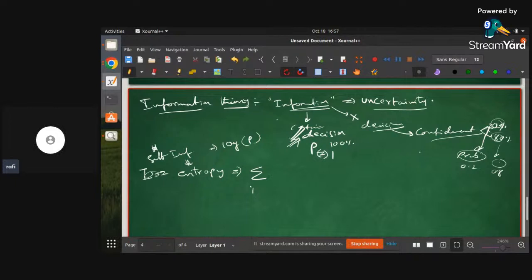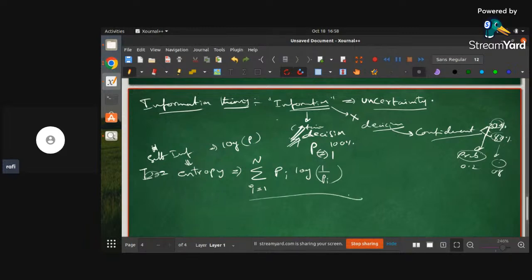If you ask which color dress you are going to wear tomorrow, you have multiple options: red, green, blue. Those are called conditions or symbols. So i is equal to 1 to n, if you have n conditions, pi log 1 by pi.